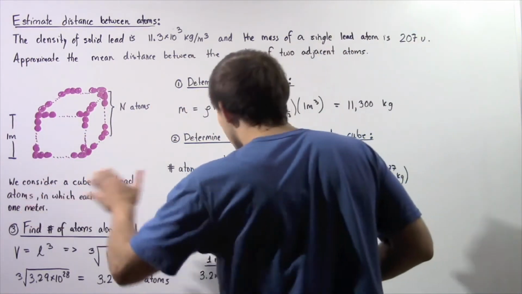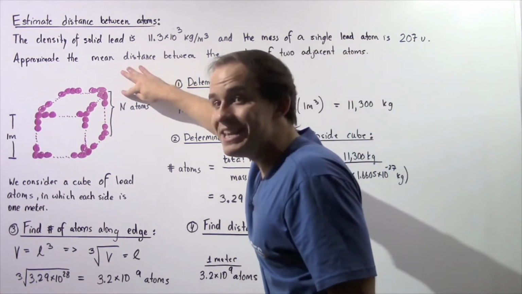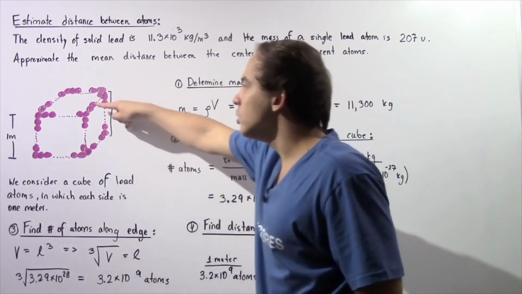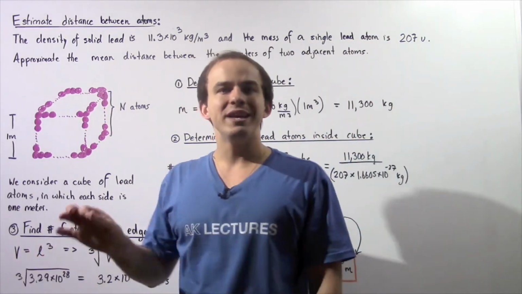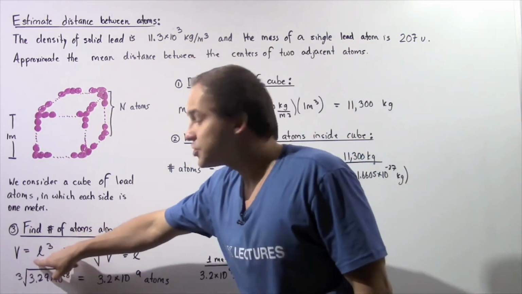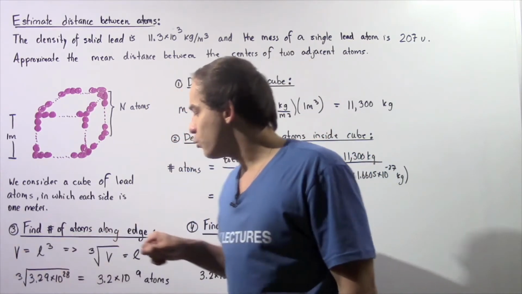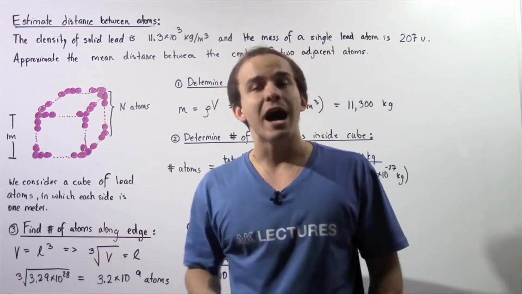Now, in step 3, we want to use this value to determine the n number. The n is simply the number of atoms along any given edge. Recall that volume is equal to the edge L cubed. If we rearrange this equation, we see that L is equal to the cube root of the volume.